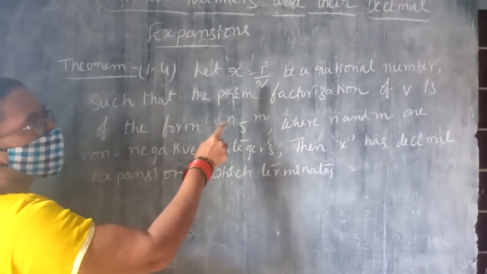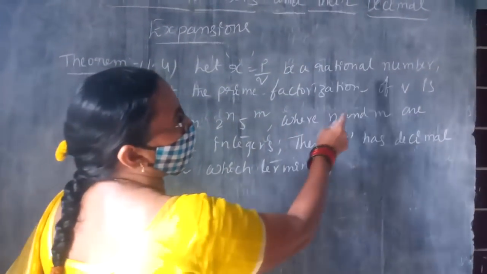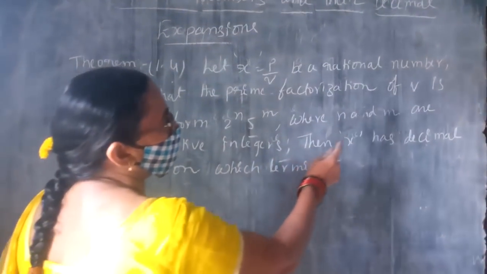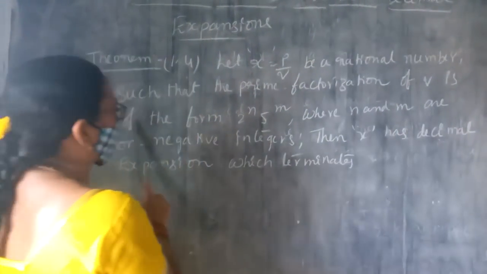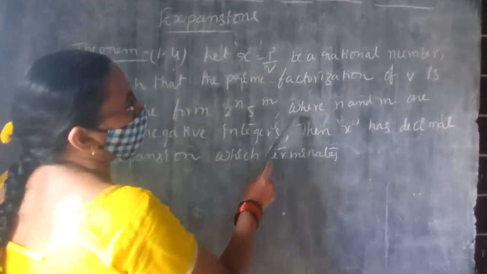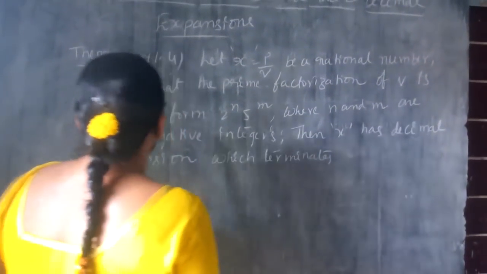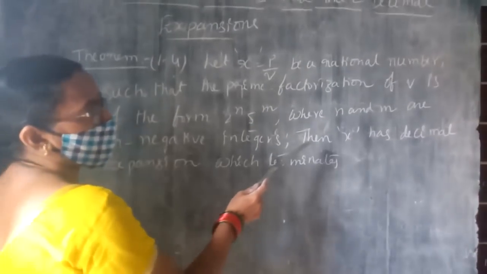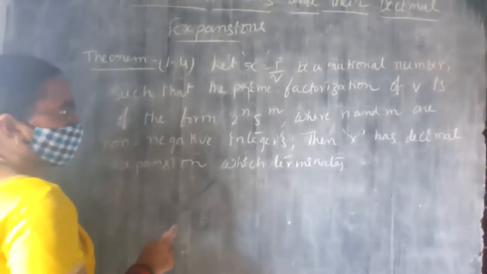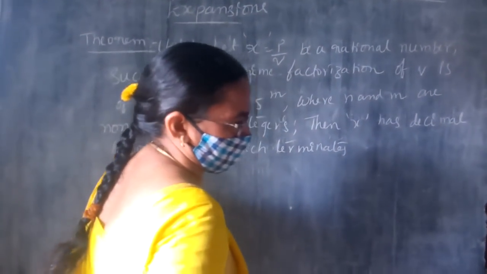Let x equal to p by q be a rational number such that the prime factorization of q is of the form 2 power n, 5 power m, where n and m are non-negative integers. Then x has a decimal expansion which terminates.